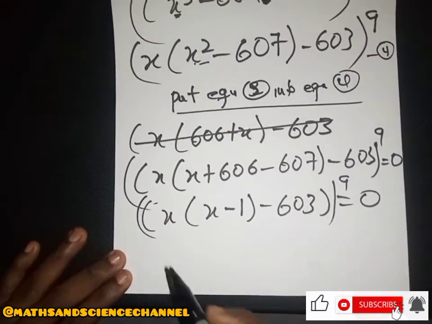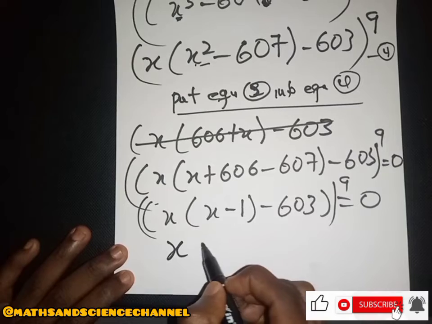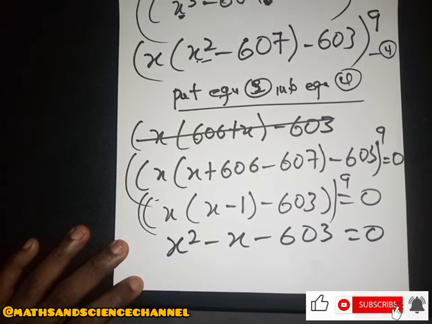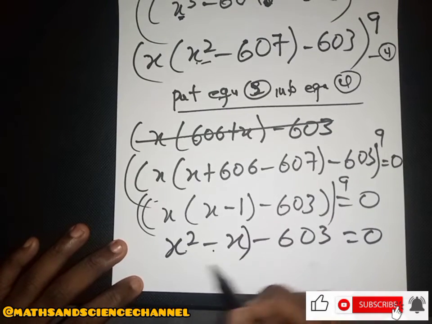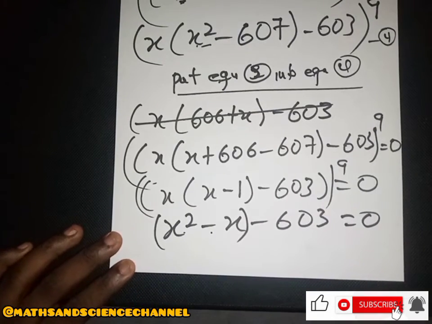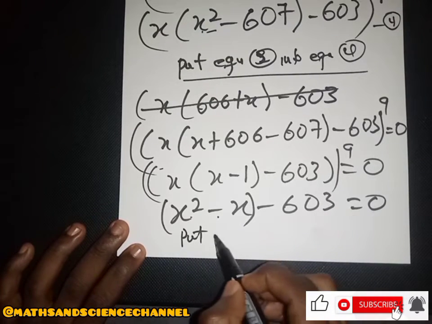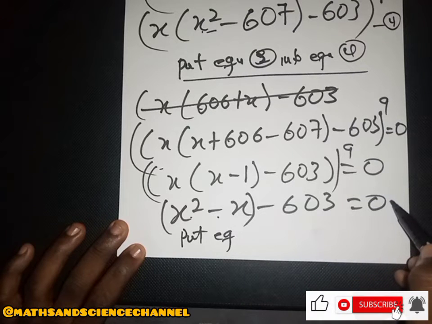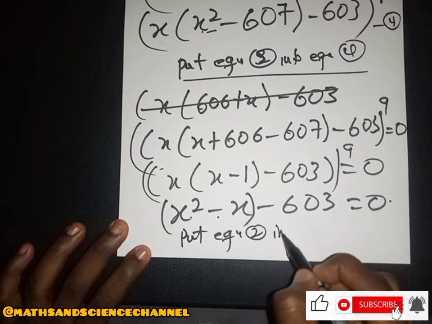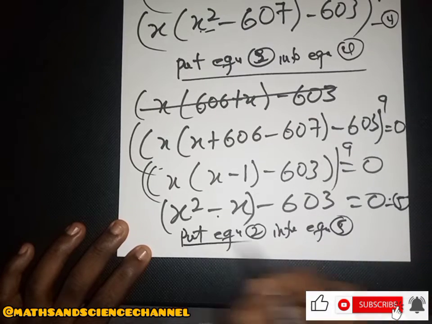Now from here, we can expand and distribute this, so we have x squared minus x minus 603. But remember again, we have x squared minus x here, and we said this is equivalent to equation 2. So we realize that the whole of this is equivalent to equation 2. So what we do is put equation 2 into equation 5.